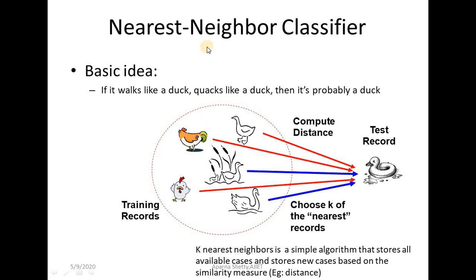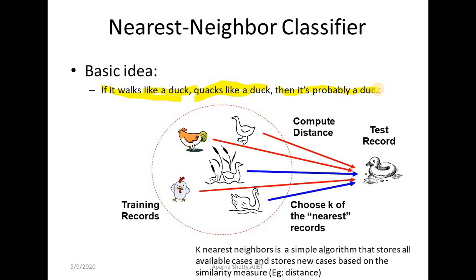Let us understand the basic idea of the nearest neighbor classifier. It is based on this basic idea: if it walks like a duck and quacks like a duck, then it is probably a duck.